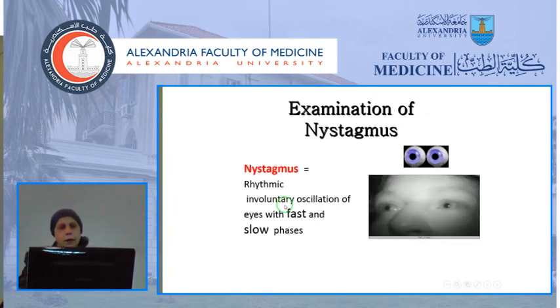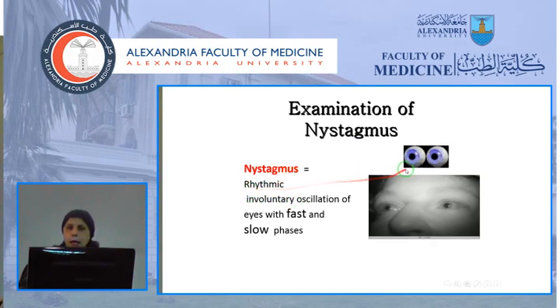If we examine for nystagmus, we are examining the vestibulo-ocular reflex. The patient may come presenting with this kind of motion of the eye, either spontaneous in an involuntary status or induced by an examiner to see this kind of eye movement. So to define nystagmus, it is rhythmic.